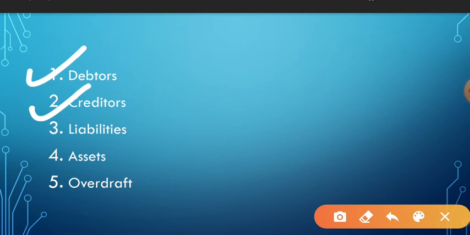Now I will talk something about liabilities. Liabilities are a very common concept. These are the kind of debt which is payable. We will be paying these debts in future, right?